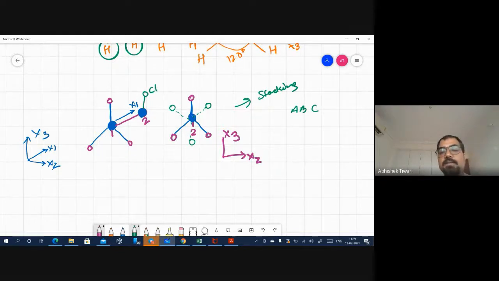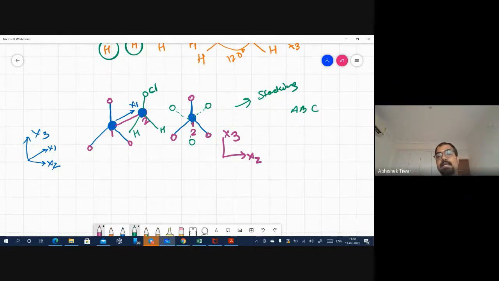Then it will become polyvinyl chloride. The chlorine atom size is different, so its demands are different. Here you will have 120, 120, 120, but there you have 2 hydrogens and 1 chlorine, so you will have to have a different angle.